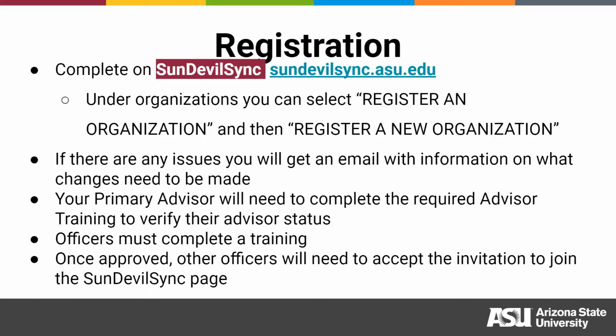You'll get emails on how to adjust those and what you need to do to be fully registered and approved. And once you are approved, you're able to invite officers and members to your page, and get your organization up and running.